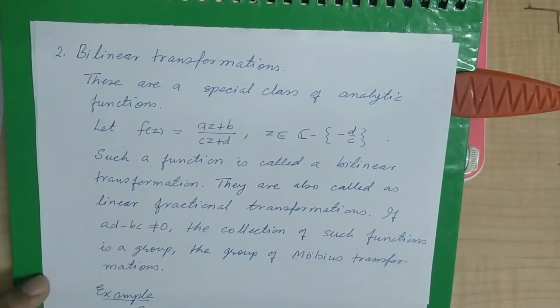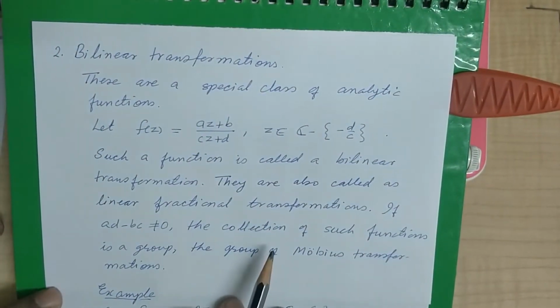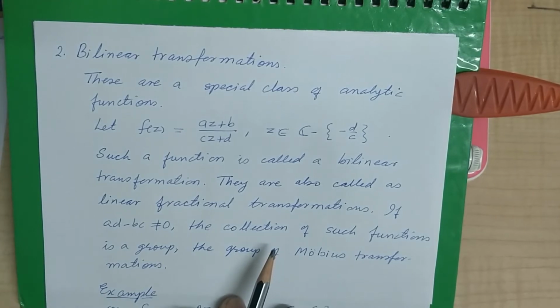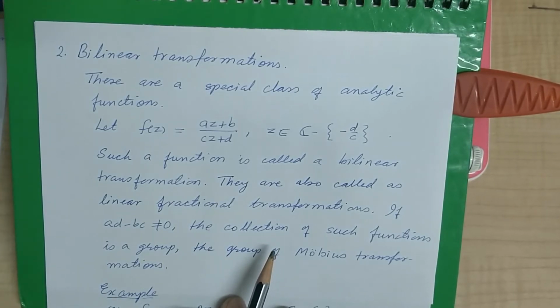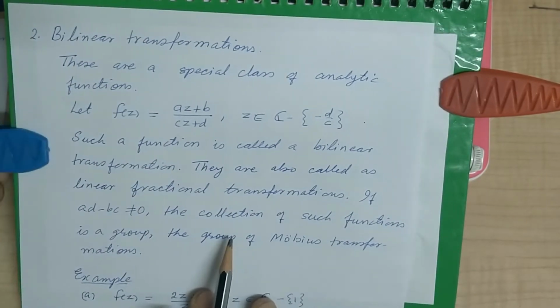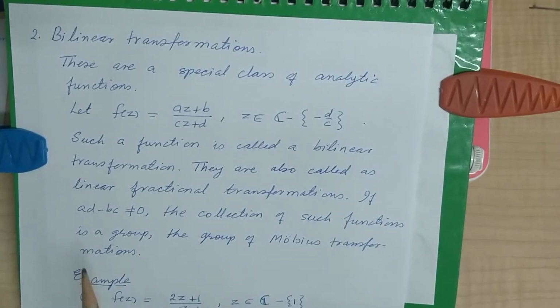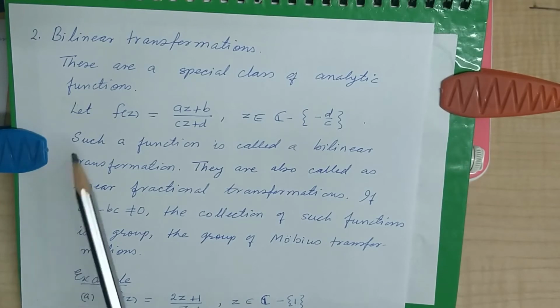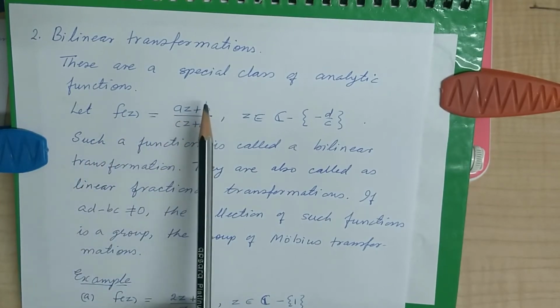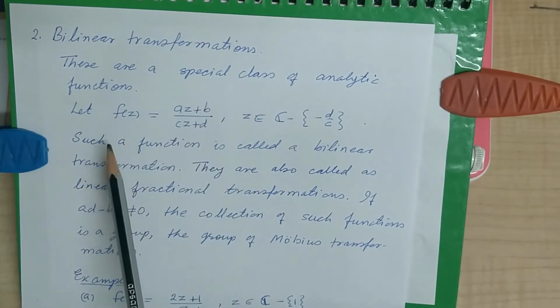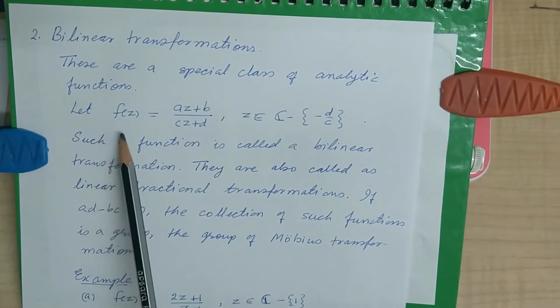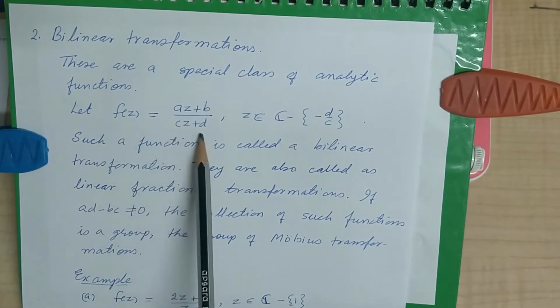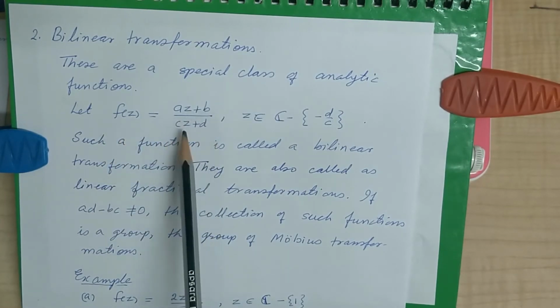Let's come to point number 2. Point number 2 is about bilinear transformations. So what are bilinear transformations? These are actually a special class of analytic functions. This is the definition: az plus b upon cz plus d.